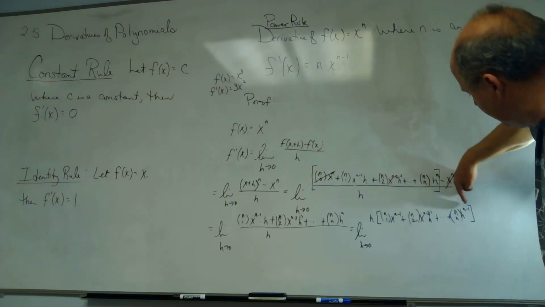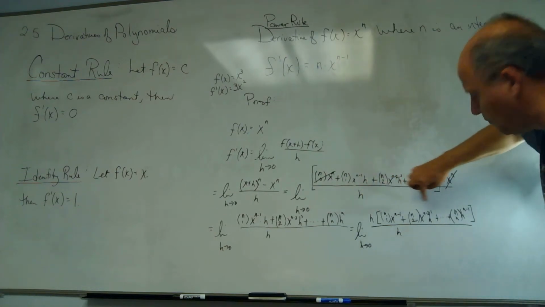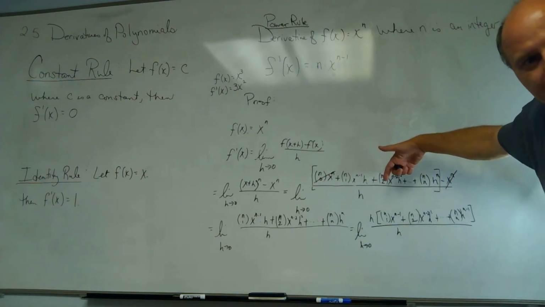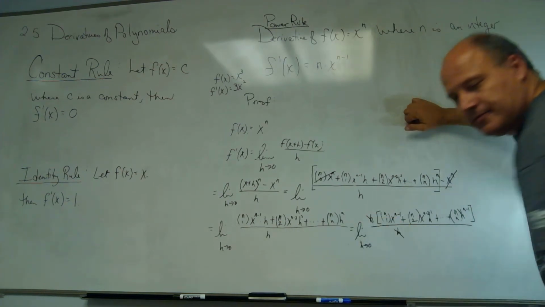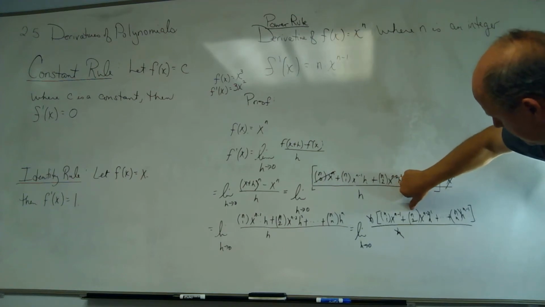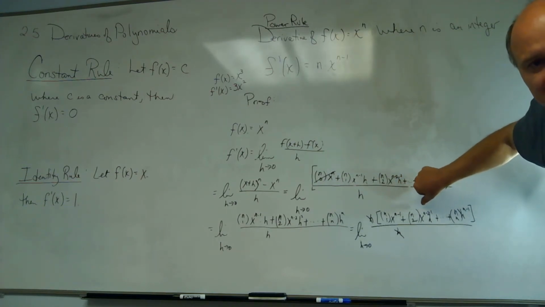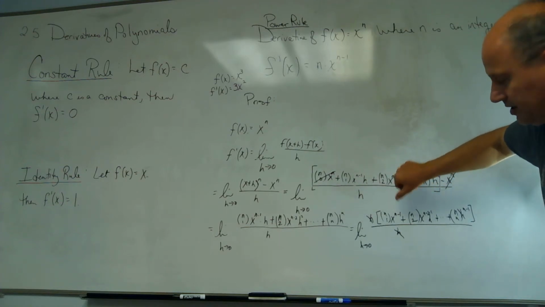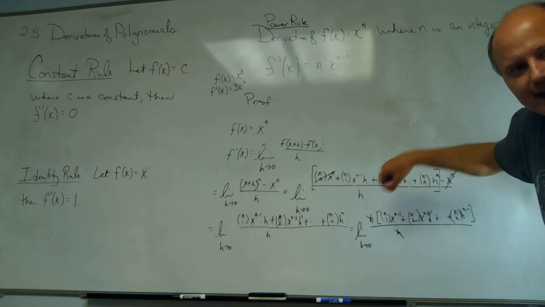So everything in these brackets has one less h in it. But that's okay, because now I'm going to cancel these out. Now if you look at this term, all the terms in between have an h in it. And remember when we were talking about the definition of a derivative, you continue this until you cancel the h's out, and now you can plug 0 in for the h.